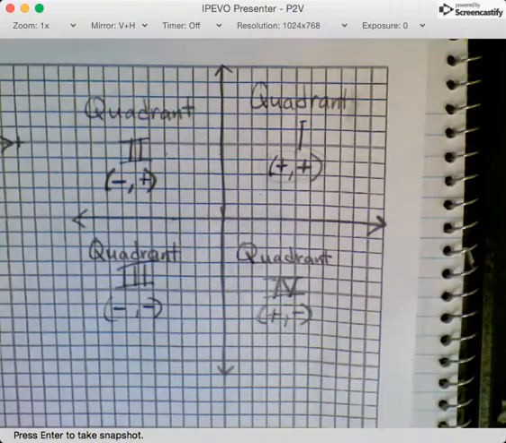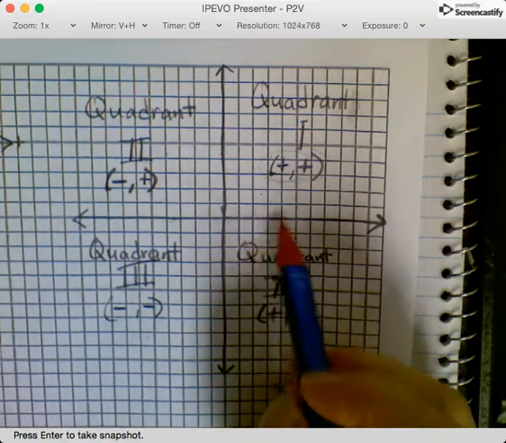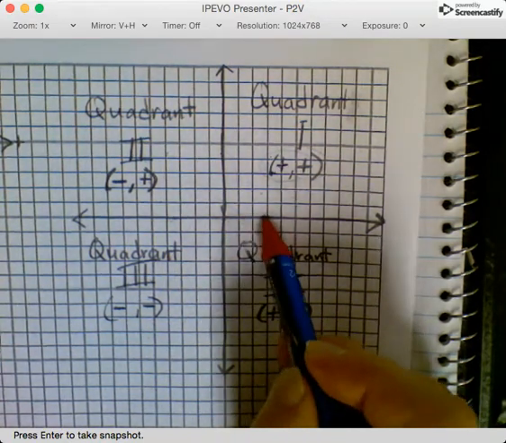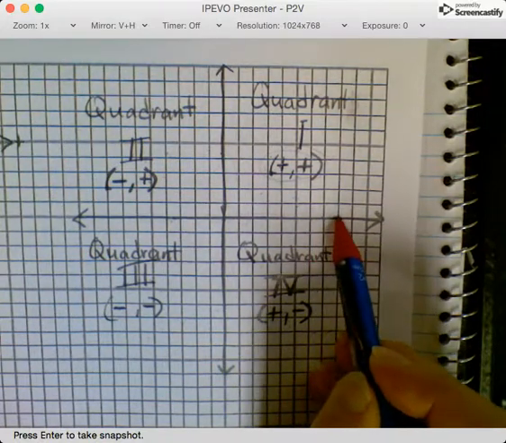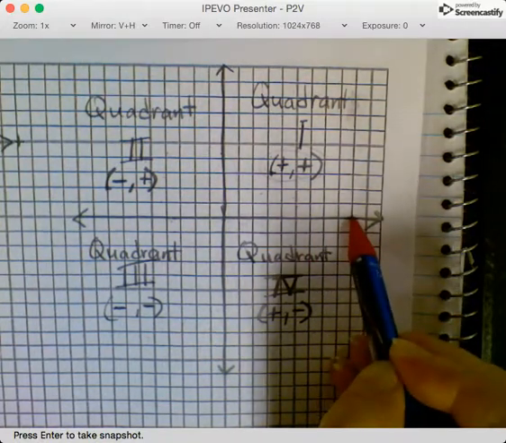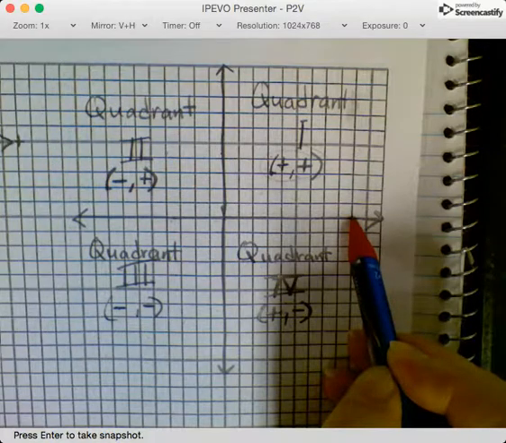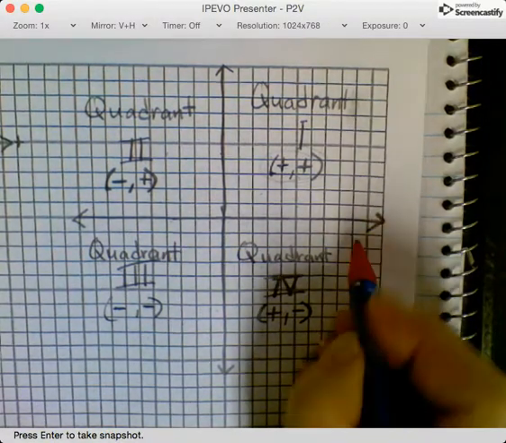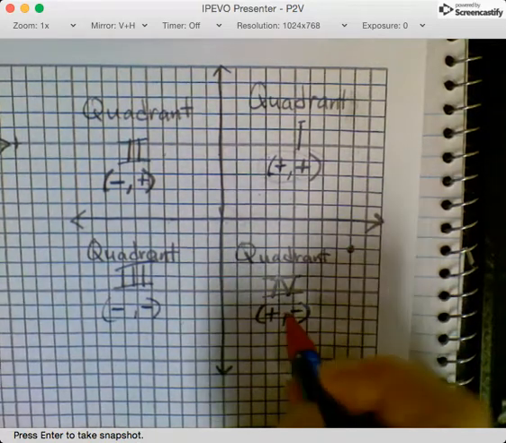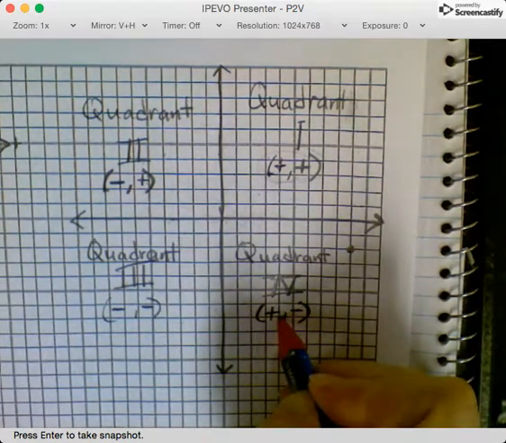Okay, and I could prove that by plotting it. So 1, 2, 3, 4, 5, 6, 7, 8, 9. So 9 over, 2 down. -2 is 1, 2 this way. So this would be where that point is, and that proves to me that that point is in quadrant 4.